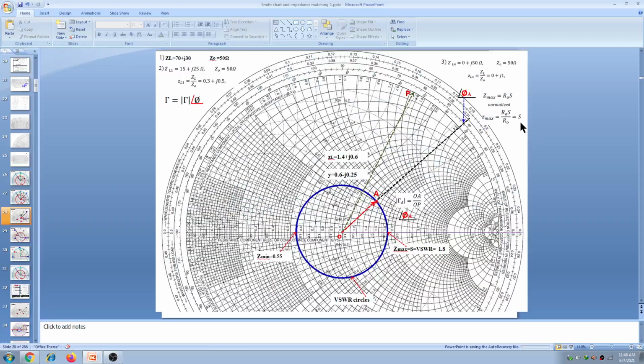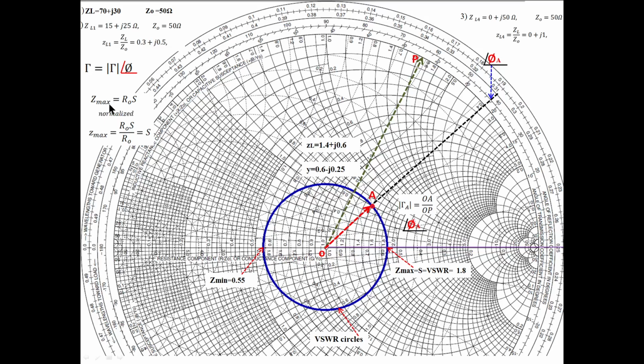See here, Z maximum is R naught into S. We derived this Z maximum value. How to get a normalized value of Z maximum? You divide this by R naught. If you divide this by R naught, what do we get?